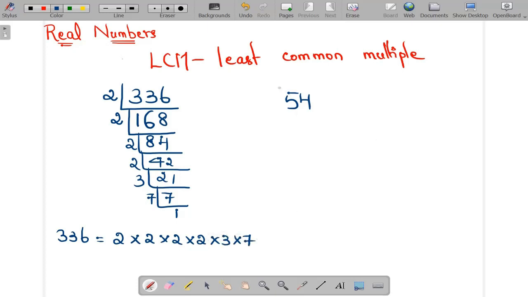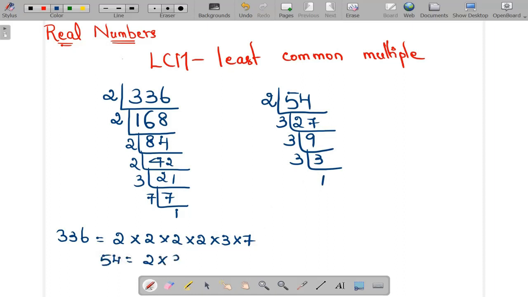Now let's do it for 54. 2 27s are 54. Now this time I'm going to go for 3: 9, 3 again, 3 times 3, 1. So 54, I'm going to write as 2 into 3 into 3 into 3. First, let's figure out the HCF.